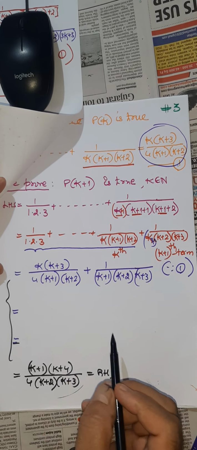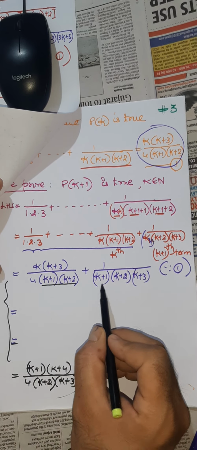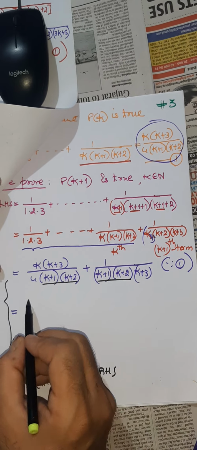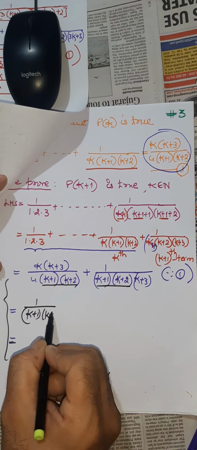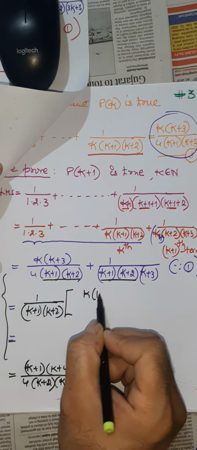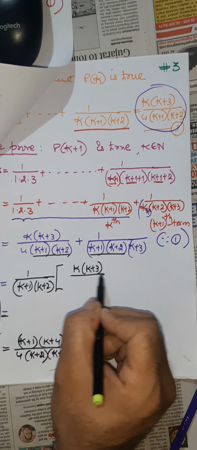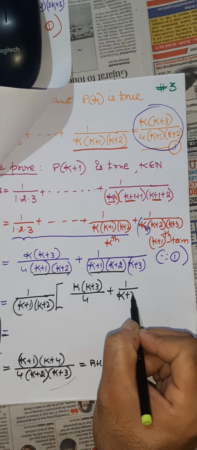So we try this. So just simplify, you will find k plus 1 this much common, so I'll take that much outside. K plus 1, k plus 2 I'll find outside. What will get inside the bracket? K into k plus 3 by 4 plus 1 upon k plus 3.